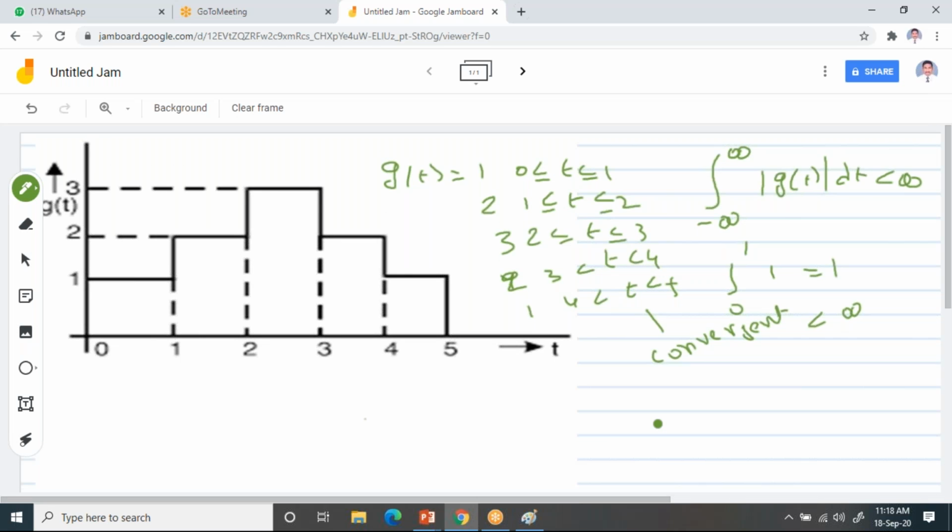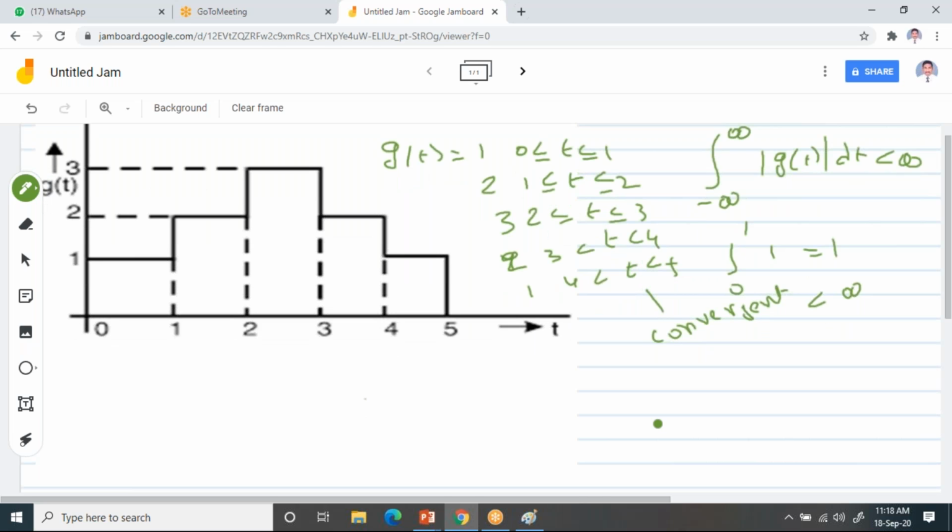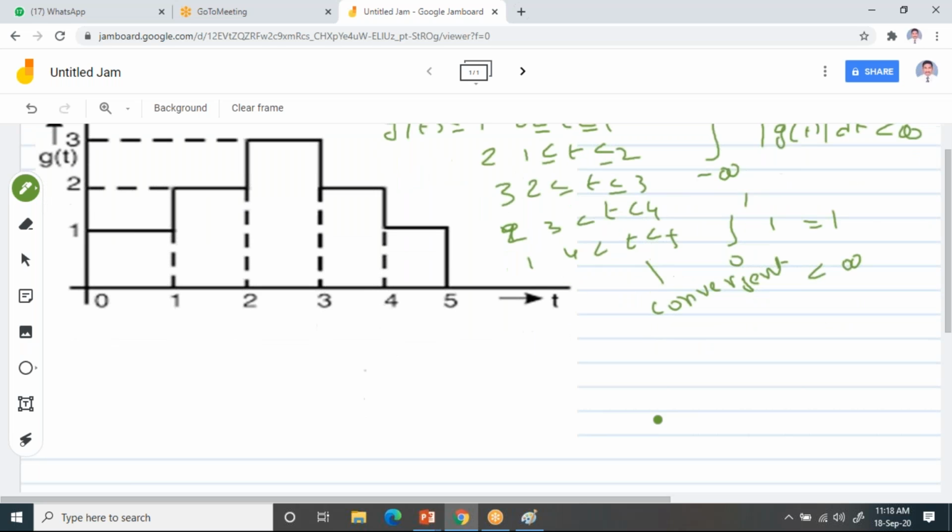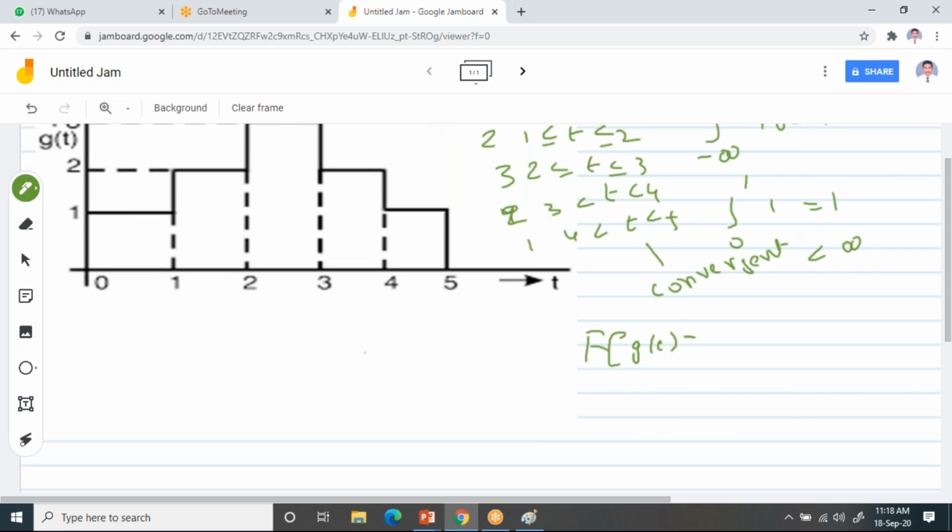We know the formula for the Fourier transform of g of t: G of omega is equal to the integral from minus infinity to plus infinity of g of t into e power minus j omega t dt. Now your g of t exists from 0 to 5.